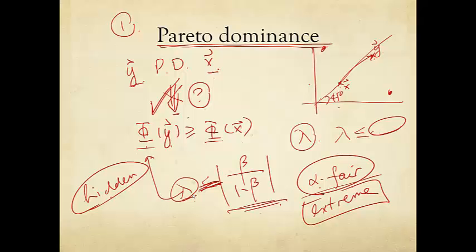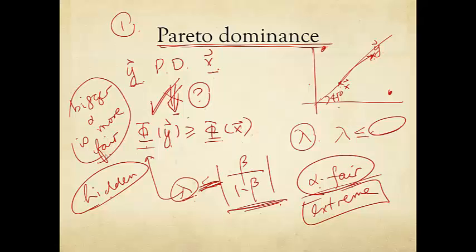And if you exactly go to that extreme, then you recover the alpha fair utility function. And this is why we say bigger alpha is more fair, because the alpha fair utility function is really an extremal point in the space of social welfare functions.